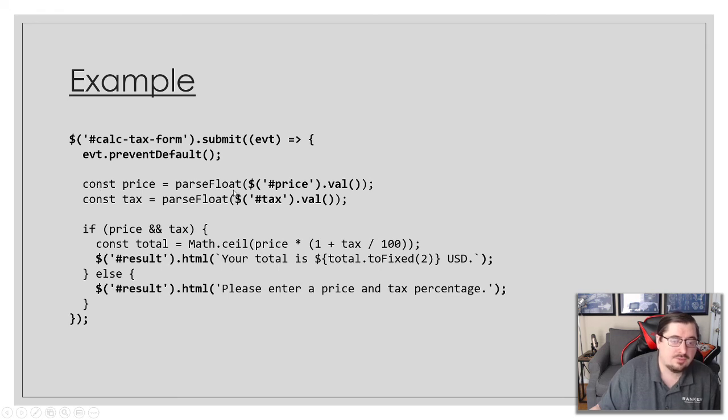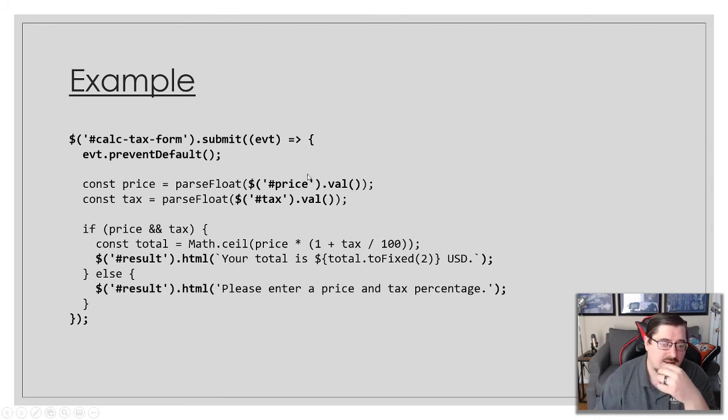And then we're going to grab the values from the inputs. Here I'm first trying to get the price, so I'm using a price selector, and then I'm saying .val. That will give me the value of that. Now it's worth noting val pretty much always will come back as a string. I want to be able to do math with this, which means I need to convert these values to floats.